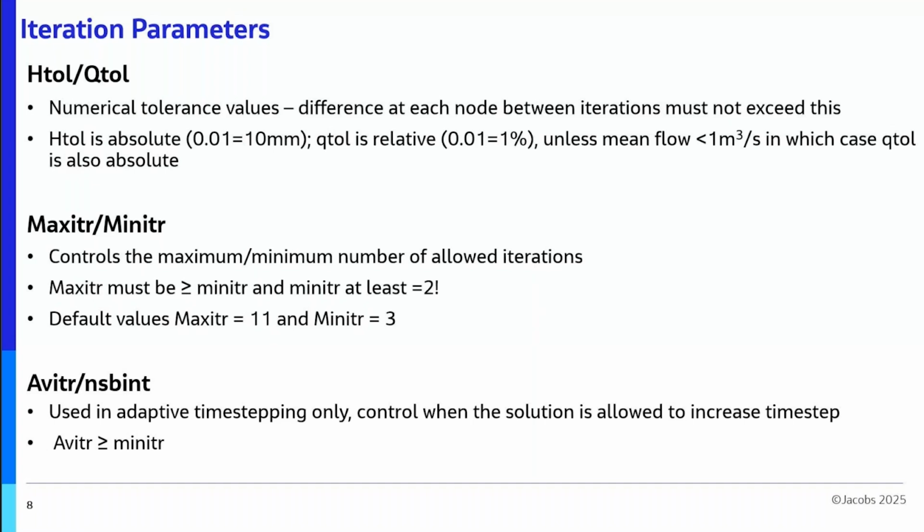If the solution converges within an average iteration over successive time steps, then a doubling of the time step is attempted by Flood Modeler. And please note that AVTR should be larger than or equal to min-iter. Okay, so that is a brief description of those iteration parameters.